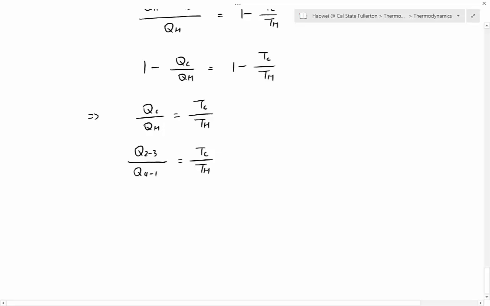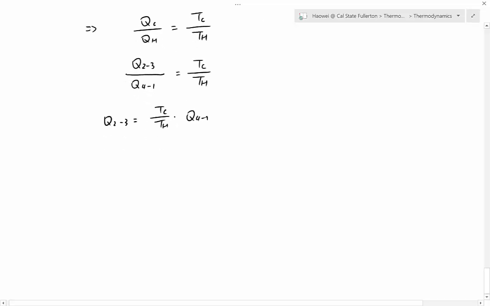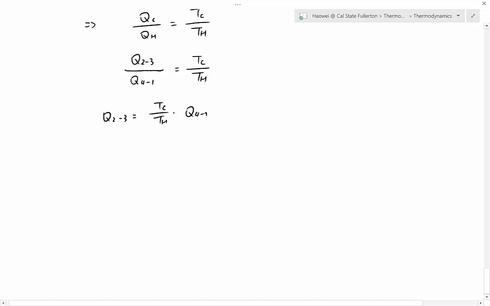Okay, so now what we can do is to move Q223 to the left hand side because that's the one I'm looking for. So right hand side becomes Tc over Th multiplied by Q421. And then one last step, we divide every term by mass.